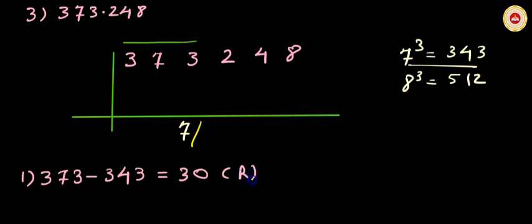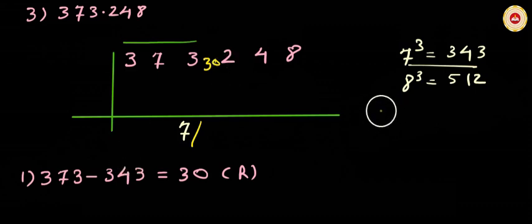This 30 is remainder. Write this 30 as a prefix to next digit in the given number, which is 2 here. So read this as 302.